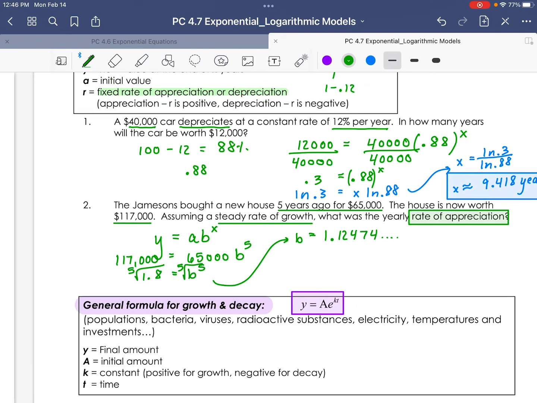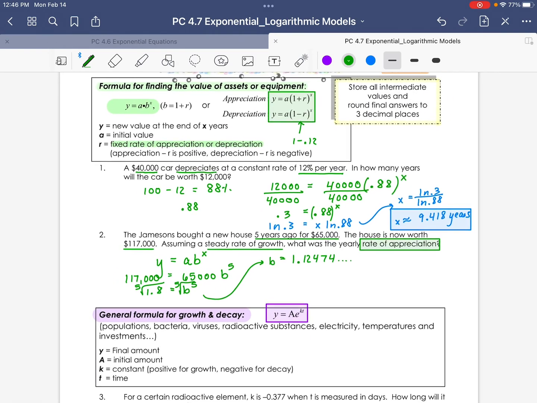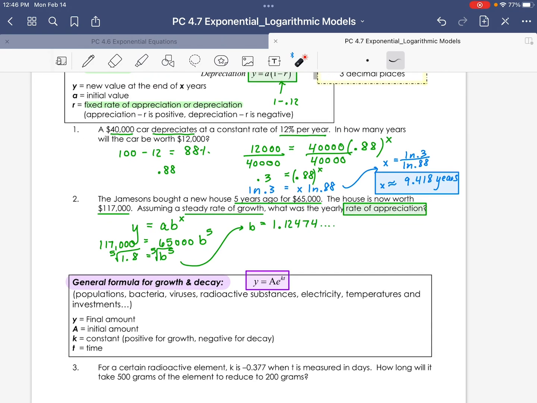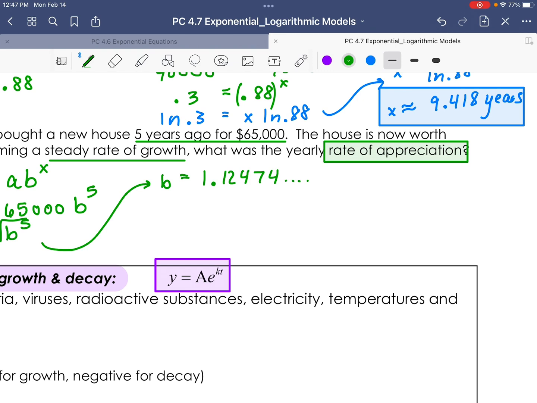Now, remember b is equal to, since it was appreciating, if you go up to the formula here, b is actually equal to 1 plus r for appreciation, or 1 minus r for depreciation. So what is my interest rate?